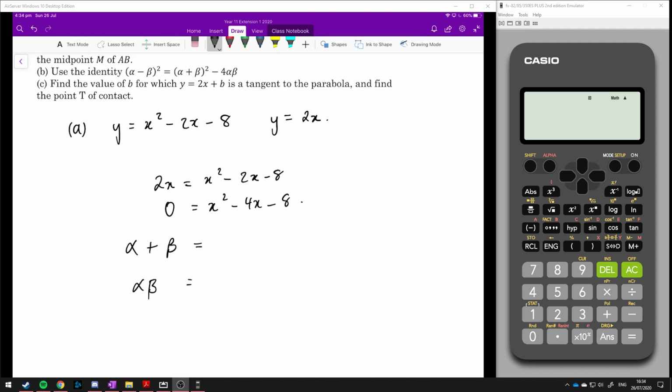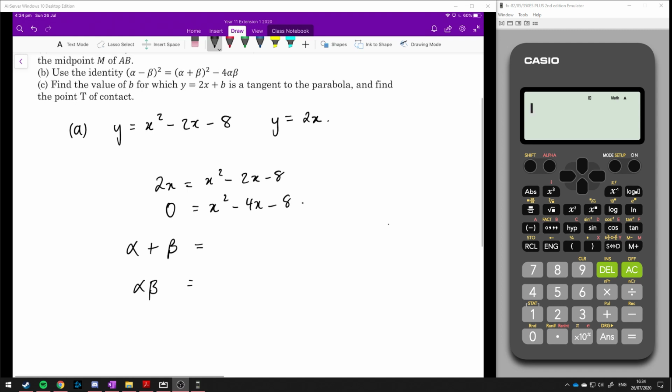So what we can do now is find the sum and the product of the roots. Remember, the sum of the roots is equal to minus b over a, and the product of the roots is equal to c over a.